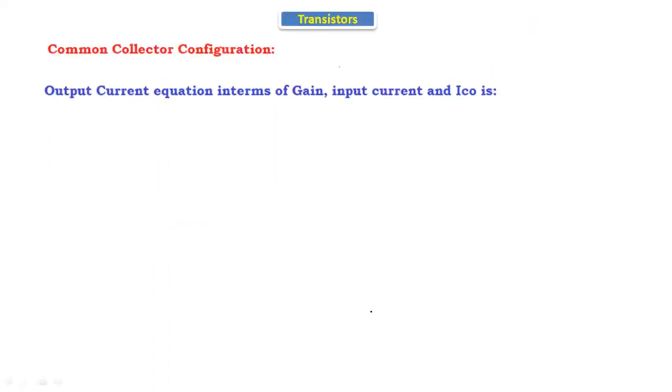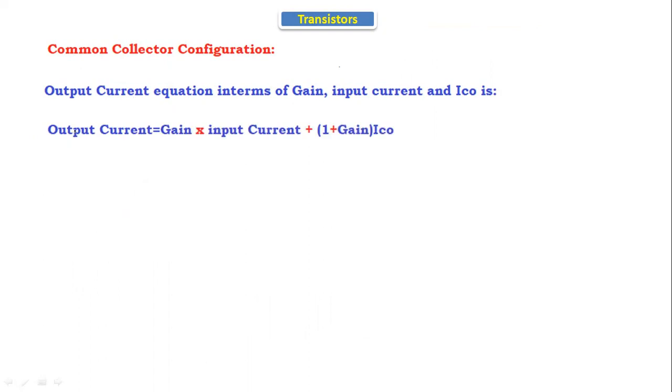Now let's see the output current equation in terms of gain, input current, and IC naught. The output current is equal to gain into input current plus 1 plus gain into IC naught. Here IC naught is the reverse saturation current.